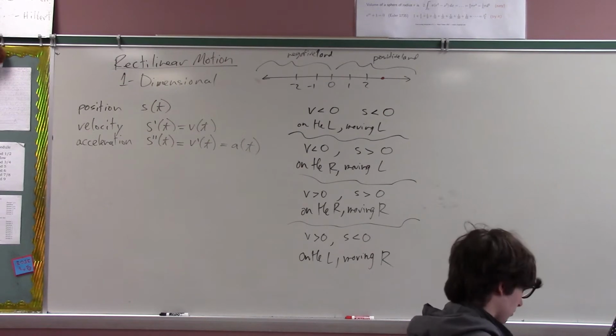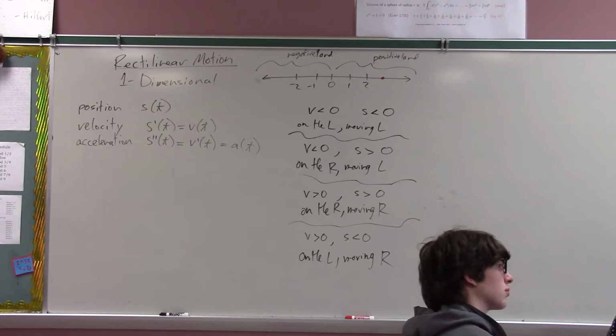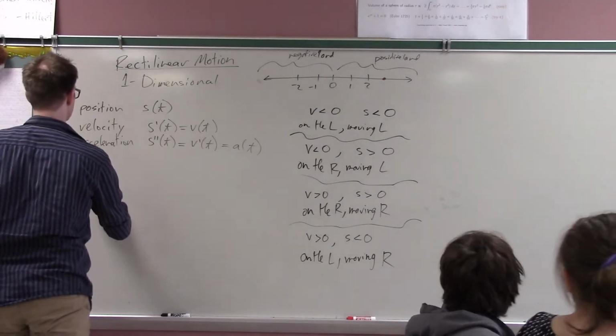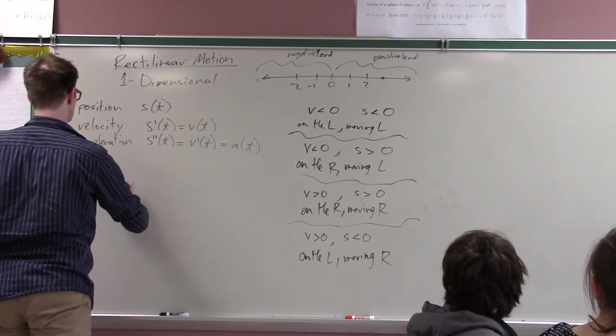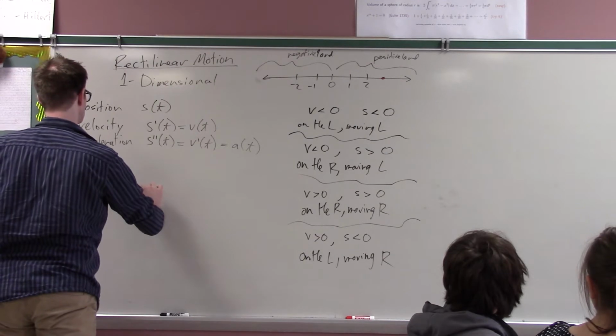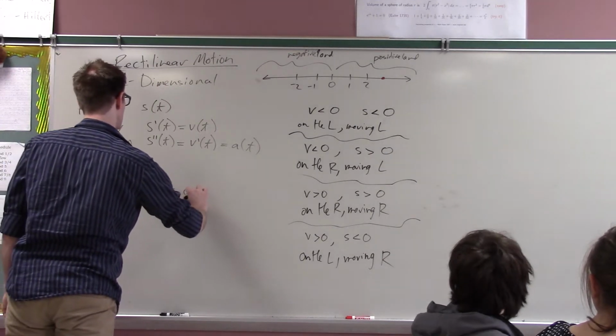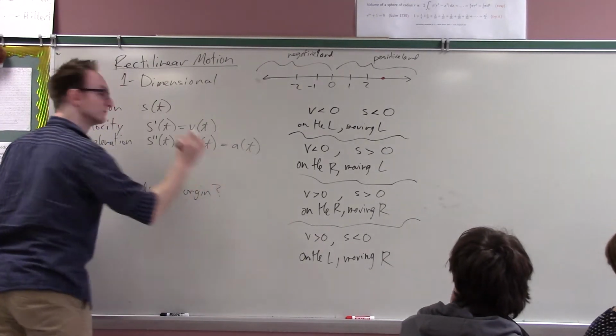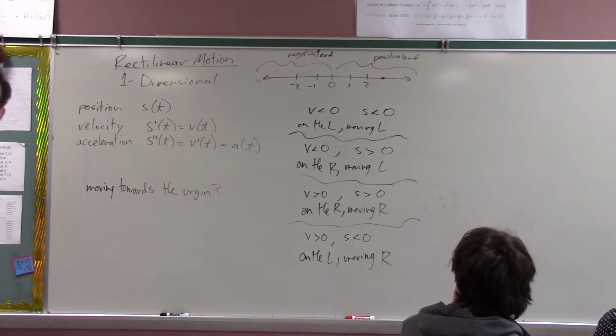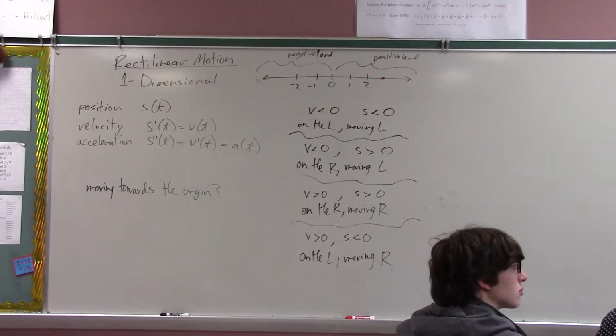So now I can ask an interesting question. When am I moving towards the origin? Magna: When S and V are opposite signs.